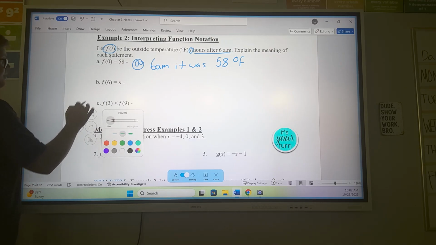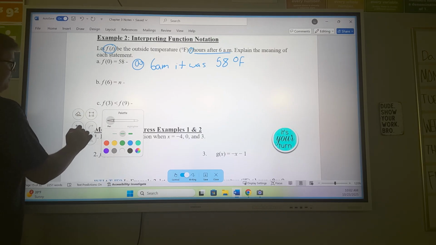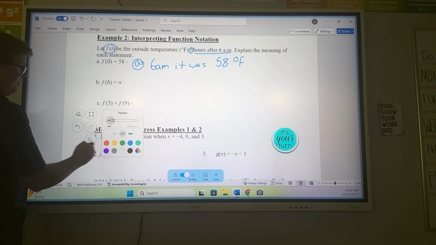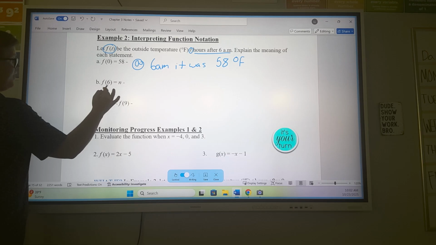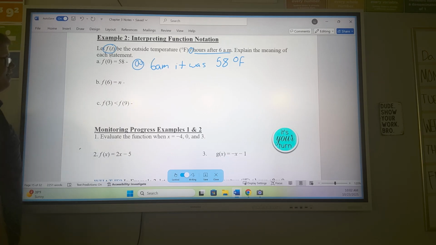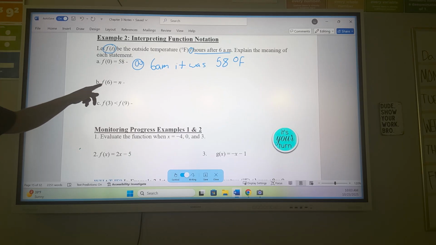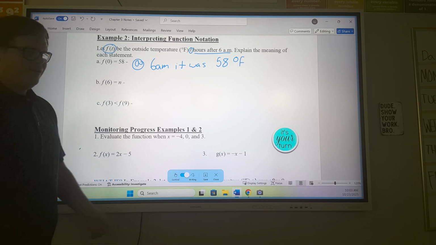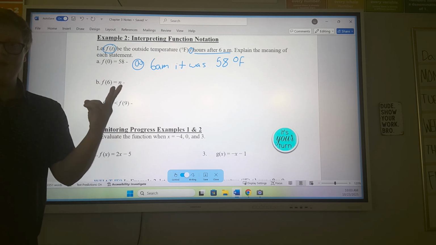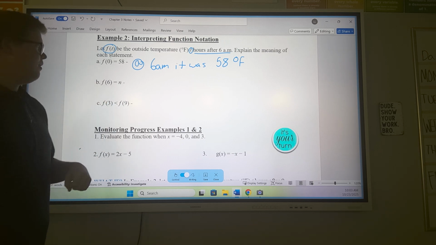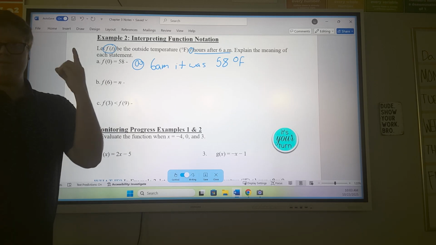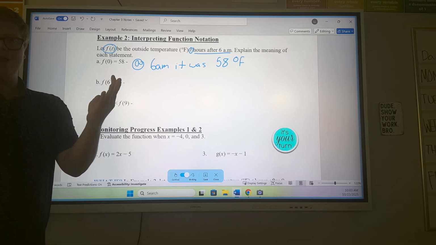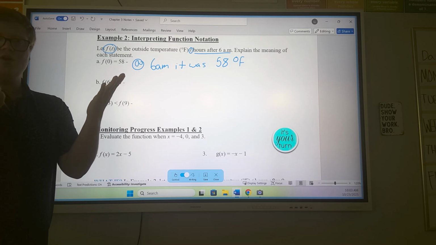This one says, 6 hours after 6 a.m., it was n degrees. So that's what we're going to say. We need to figure out what 6 hours after 6 a.m. is. It's okay to count on your fingers for this one. 6 a.m., 7 a.m., 8 a.m., 9 a.m., 10, 11, and noon.